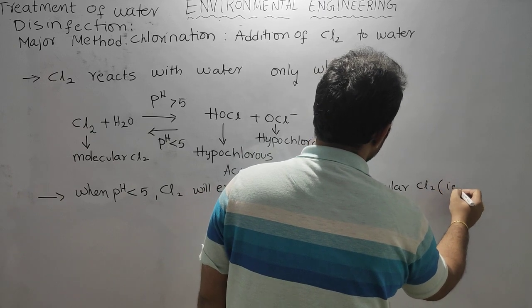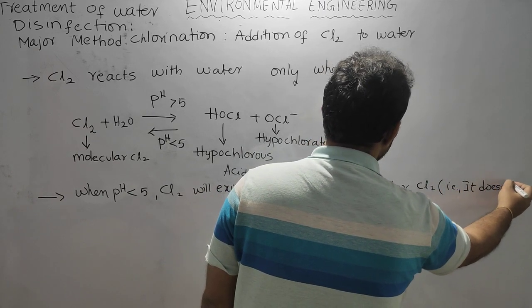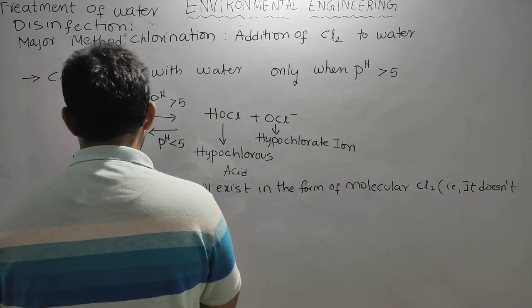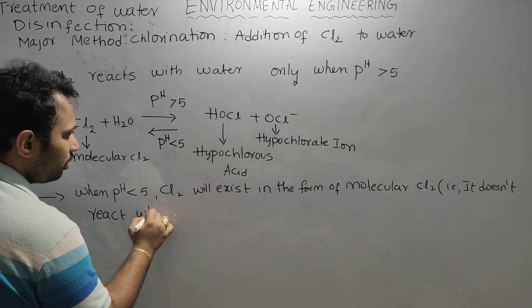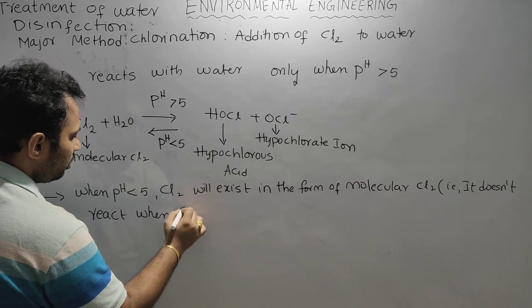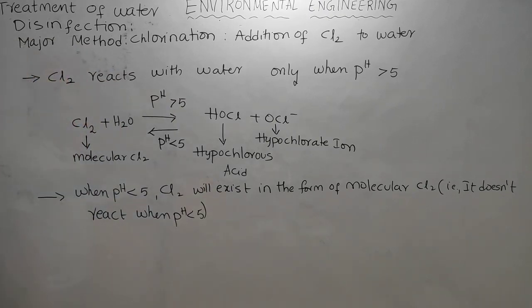That means it does not react when pH is less than 5. When pH is greater than 5, it has reacted and formed hypochlorous acid.